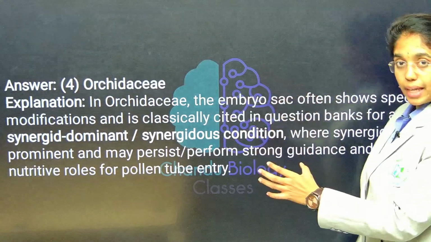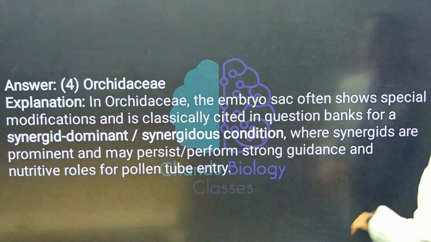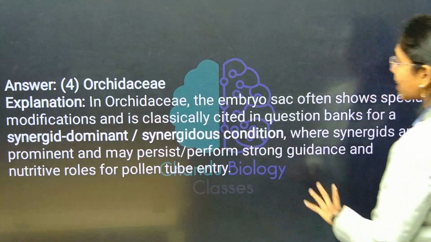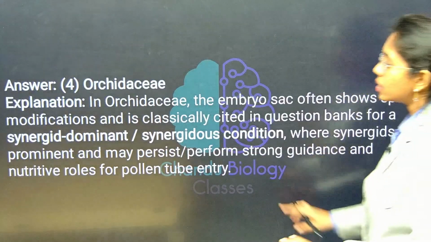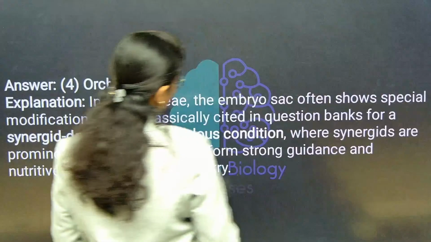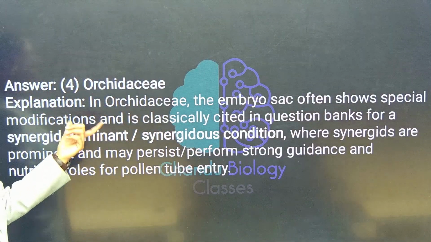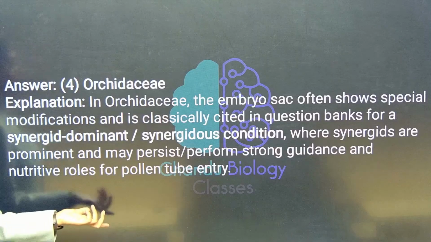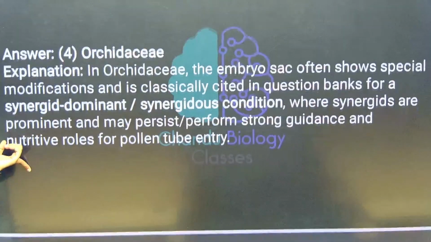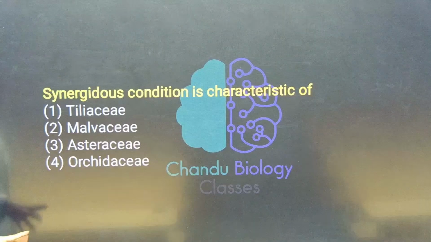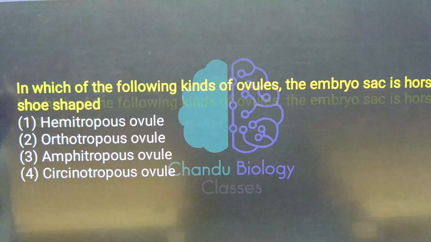In Orchidaceae, the embryo sac often shows special modifications and is classically cited in the question banks for synergid dominant or synergidous conditions, where synergids are prominent and may be persistent, perform strong guidance and nutritive roles in the pollen tube entry. That is the reason in Orchidaceae, synergidous condition is observed.